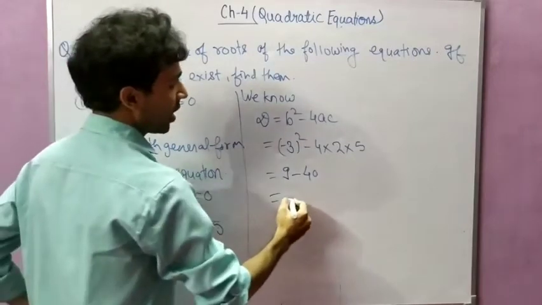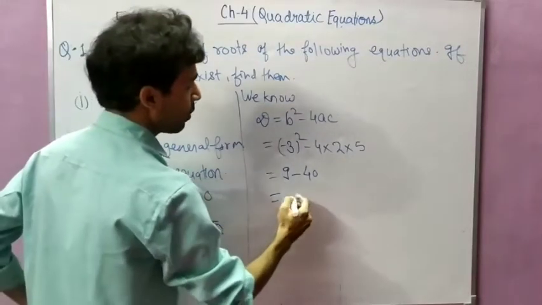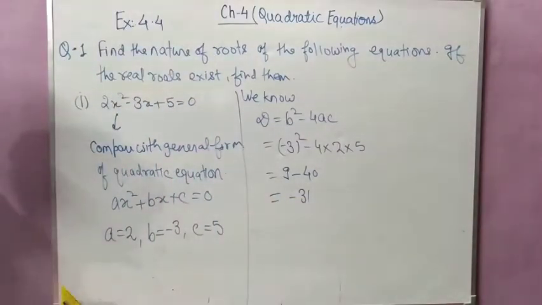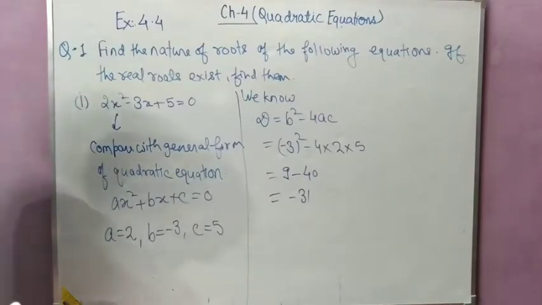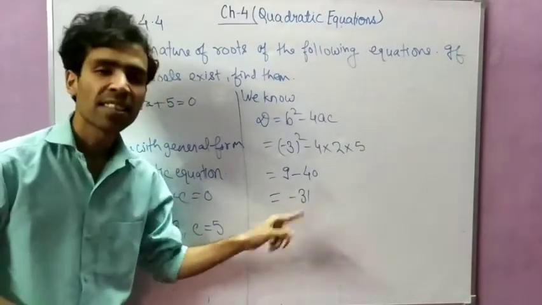So I will get minus 31. After solving, the value of D is minus 31.